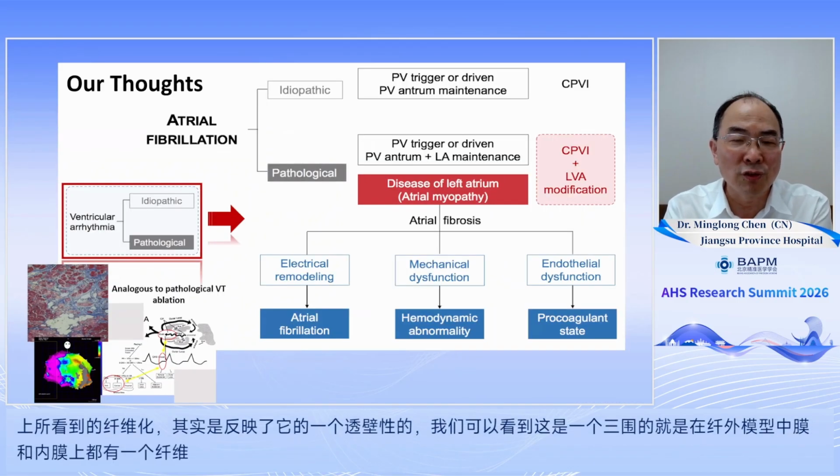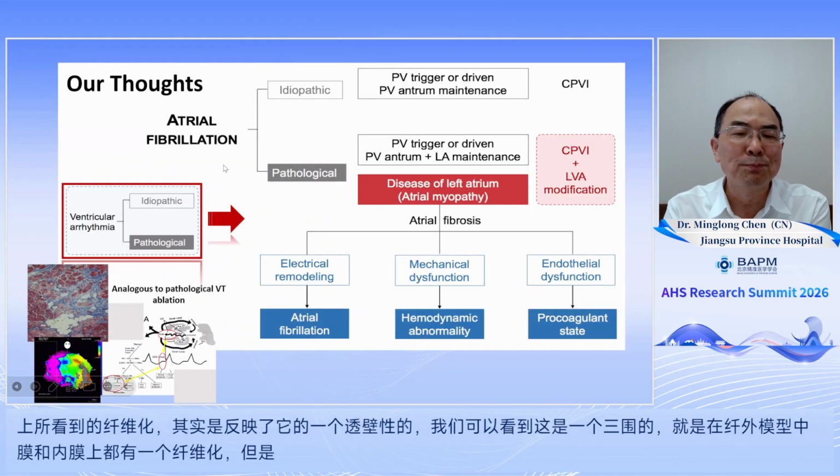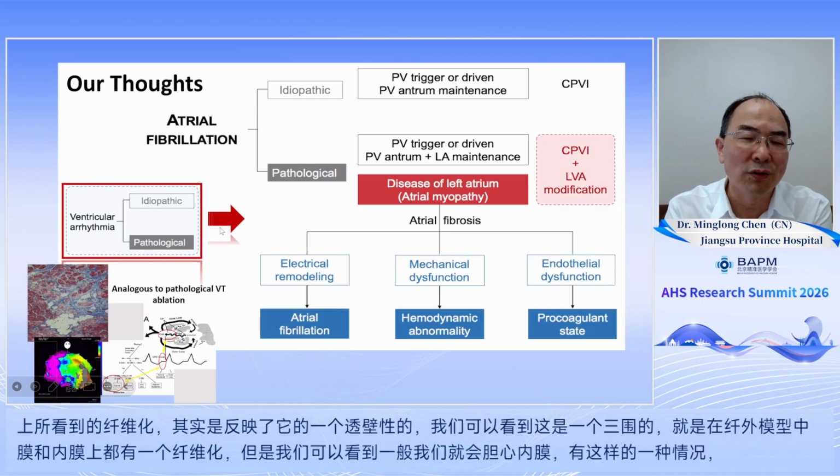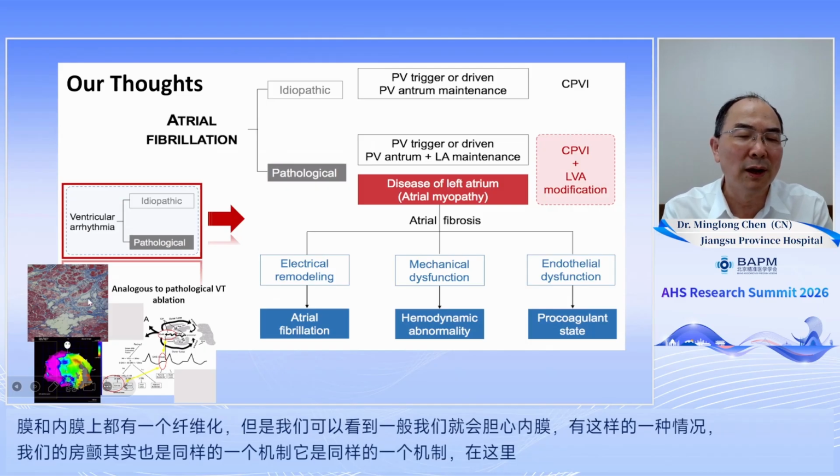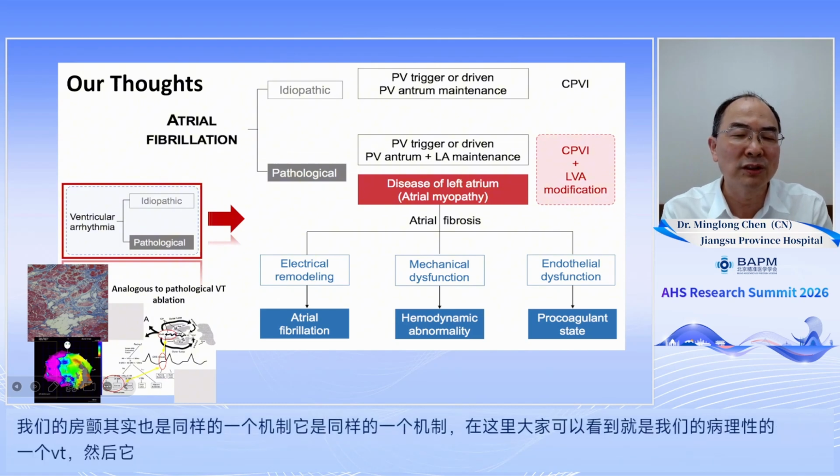So based on these thoughts, our thought is that atrial fibrillation should share the same or a common mechanism with pathological VT. You can see this is pathological VT, the fibrotic tissue here, and the low voltage is here. And when we do substrate modification, most of the clinical VTs can be suppressed.